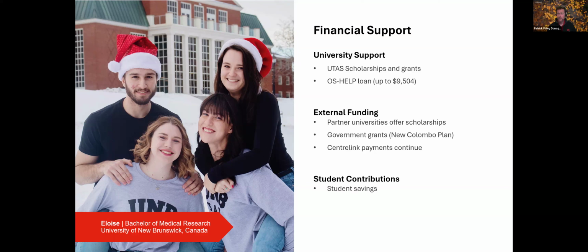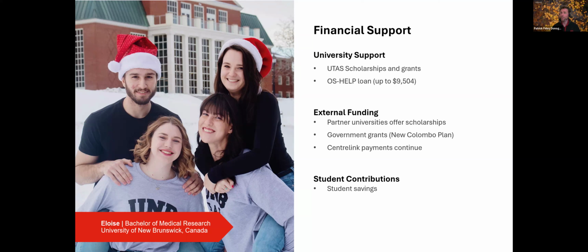But underpinning all of this, I would say it's really important to have some of your own savings. And maybe Ty, you can speak to this a little bit yourself later. But student contributions, it's important to work a part-time job. It is hard work, but it would be smart to have a little nest egg or a little pot of savings which you can rely upon just to get you started. I think when I went overseas on an exchange program, I had $3,000 of my own saved, and I used that to book my flights and pay the first installment of accommodation.